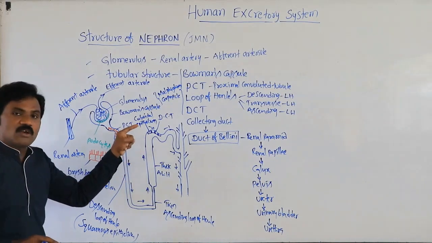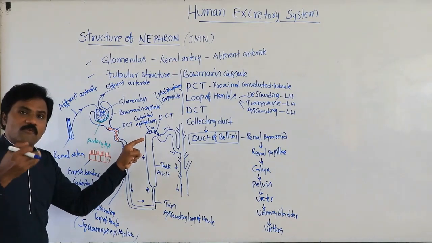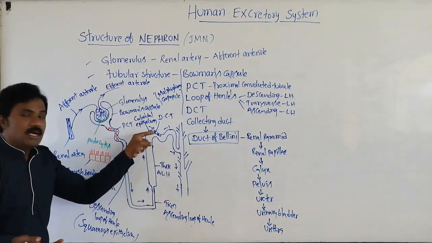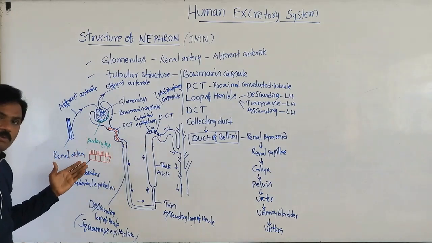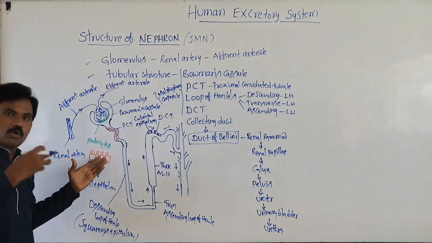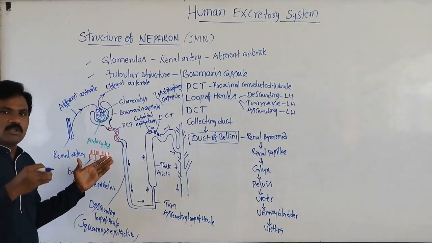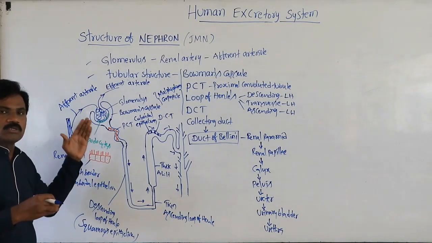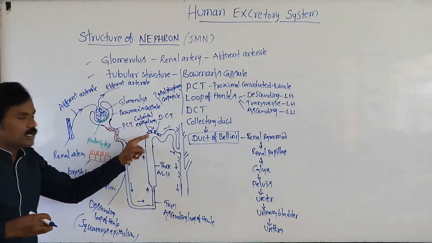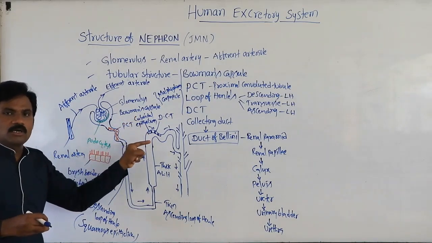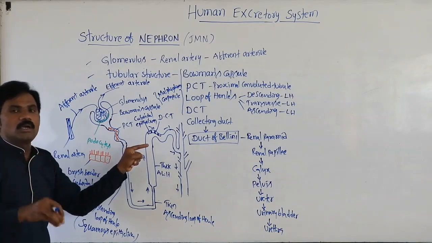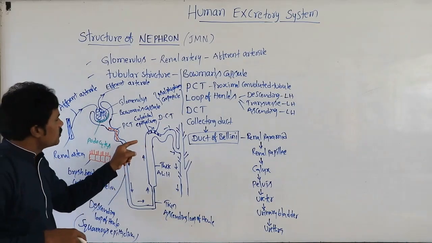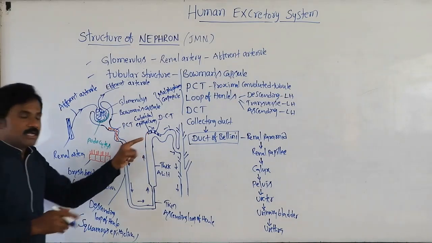Due to the absence of the brush border, absorption here takes place under the influence of hormones, whereas in the proximal tubule, with the help of the brush border, maximum nutrients are directly reabsorbed into the blood. So that is an important exam point.